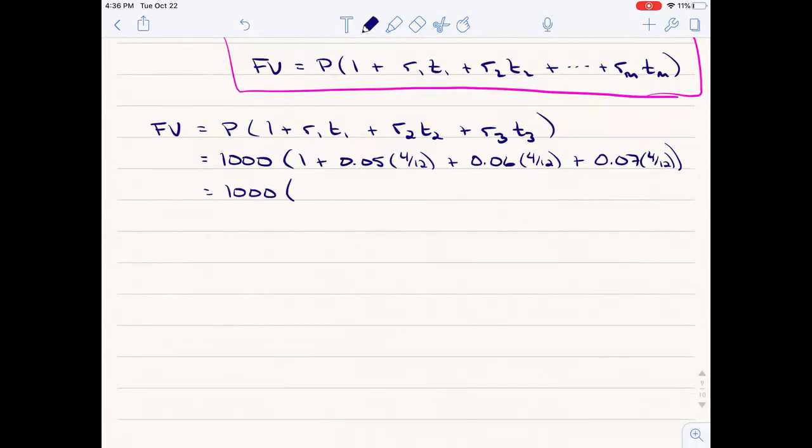1,000 times, and I'm just going to simplify these as best as I can. 0.05 times 4 over 12 is 0.01666 repeating. I'm actually going to store this in 1.